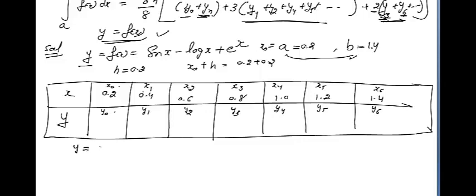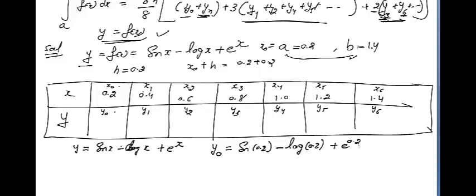So y is sin x minus log x plus e raised to power x. To get y naught, you put x equal to x naught, that is sin 0.2 minus log 0.2 plus e raised to power 0.2.